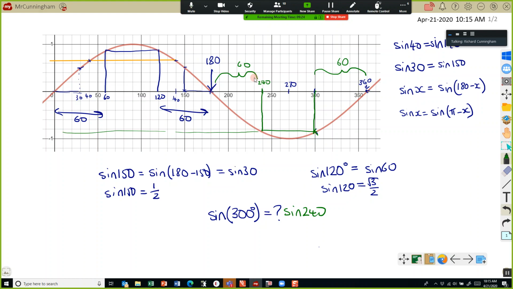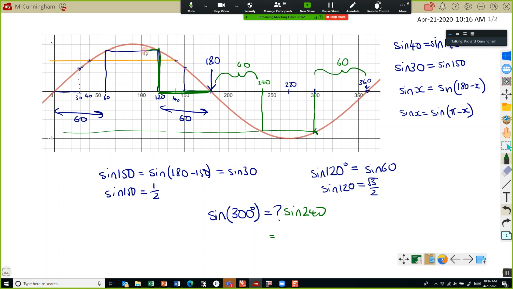Now, sine of 240 is how many away from 180? 60, okay. Somebody from SL, apart from Tyler. Thank you, Tyler, though. If 240 is 60 away from 180, what value is 60 away from 180 in the opposite direction? 120, right.